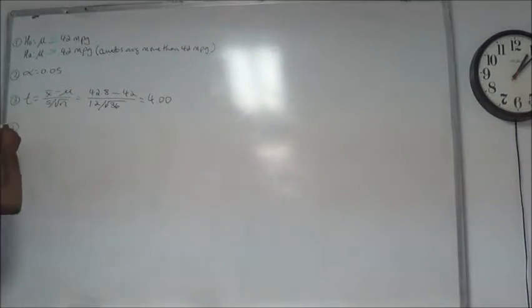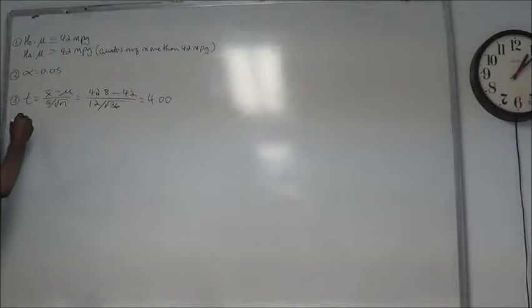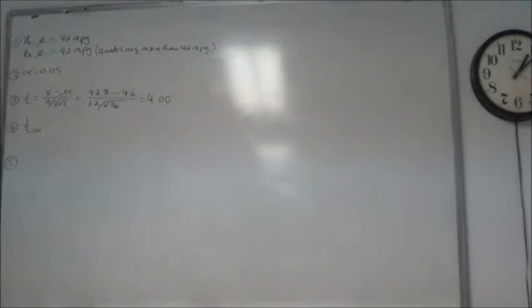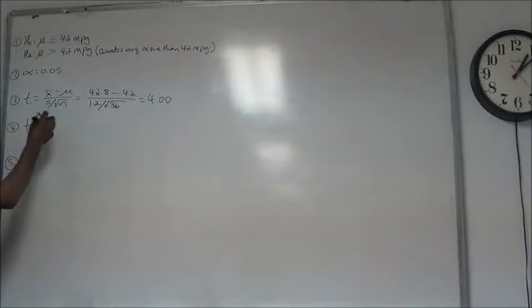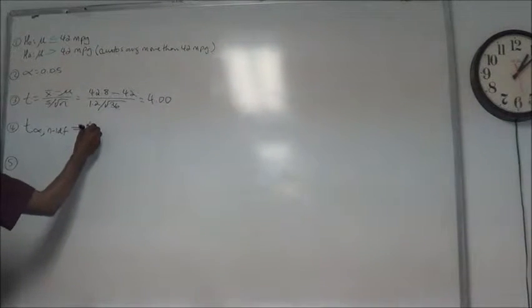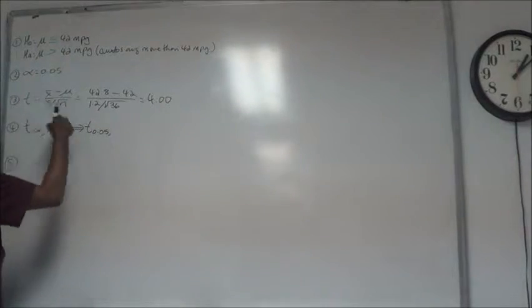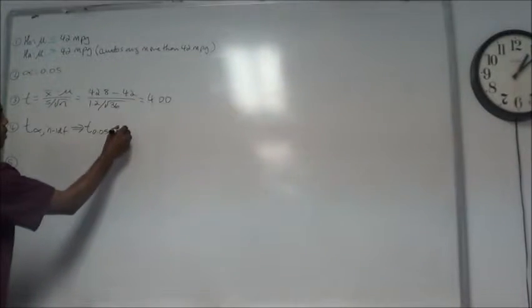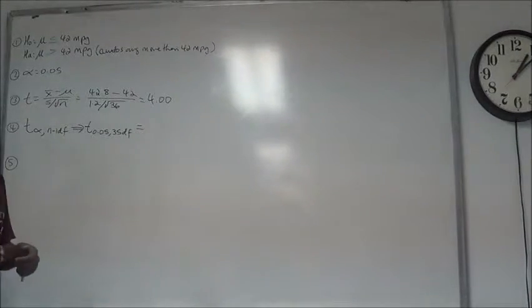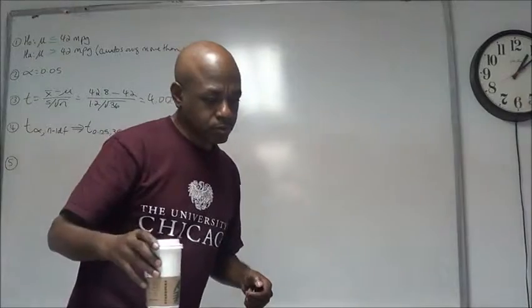Okay, so for the critical value, we're looking for t to the 0.05. Do we need to do anything with this alpha? No, it's a one tail, so t to the alpha, n minus 1 degrees of freedom. How many degrees of freedom? 35. So what is t to the 0.05, 35 degrees of freedom? 1.69.